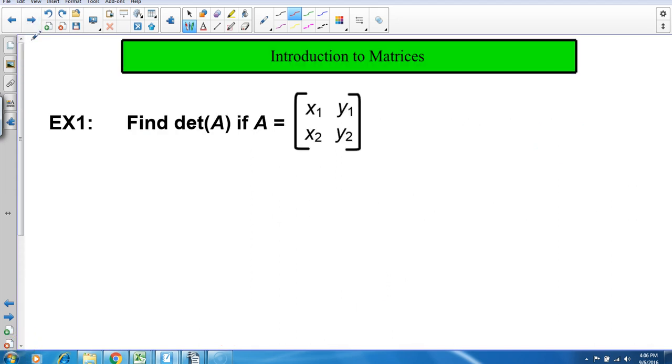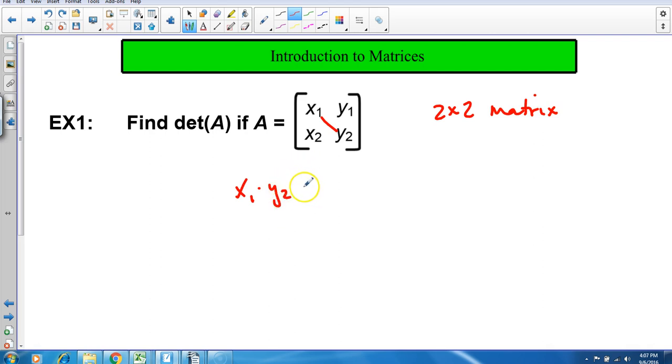All right, next thing we want to do is just review, how do we find determinants? So this is a 2 by 2 matrix. This is the nice easy one. What we can do in a 2 by 2 matrix is take the upper left and multiply it by the bottom right. In this case, it would be A11 multiplied by A22. So we would say X1 times Y2.